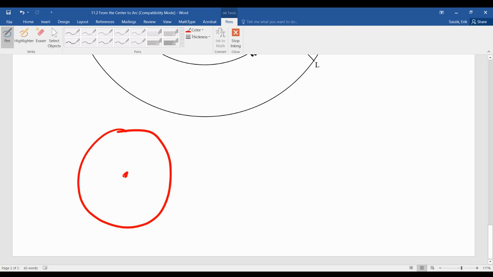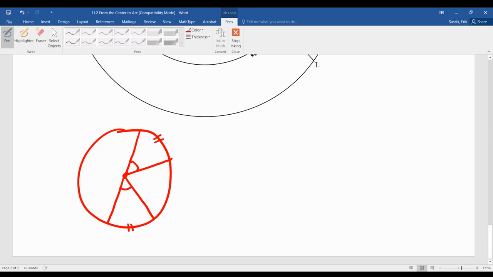Whenever I create a drawing, let's say that these two central angles are congruent, okay? If those two central angles are congruent, that of course means that these arcs have to be congruent. And the converse works as well. If you are given that you have congruent arcs, then their corresponding central angles would have to be congruent.